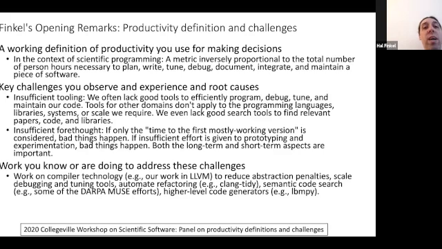We also lack good tools just to find relevant papers or code or libraries. We all spend a lot of time, I think, in the academic community, searching the literature for previously found ways of addressing a particular problem. But this is hard.